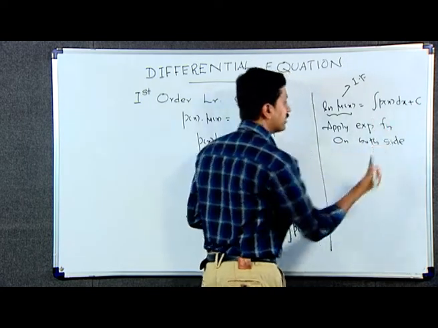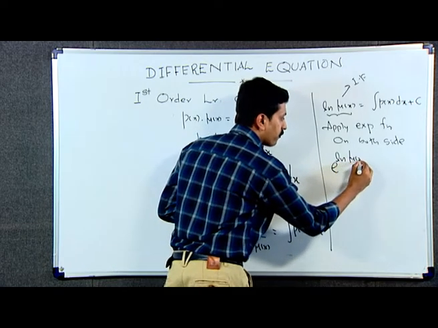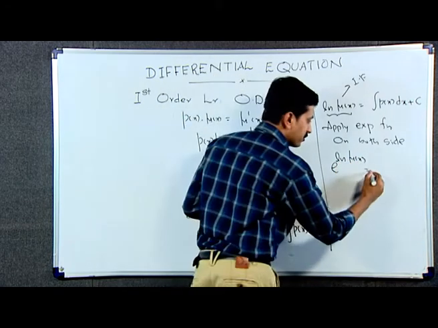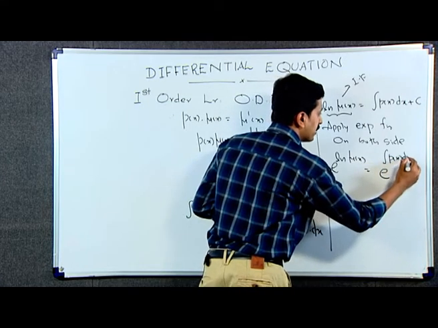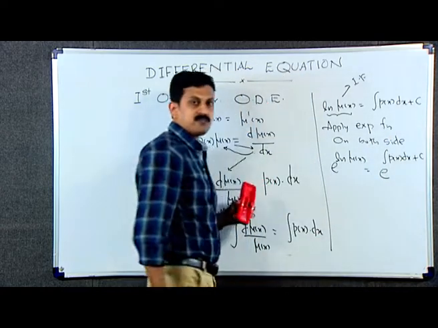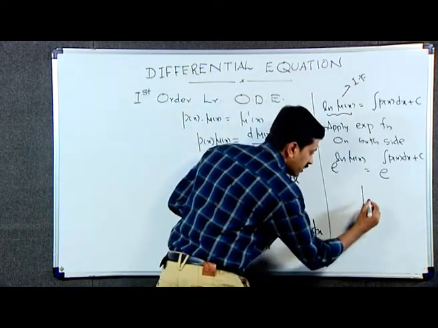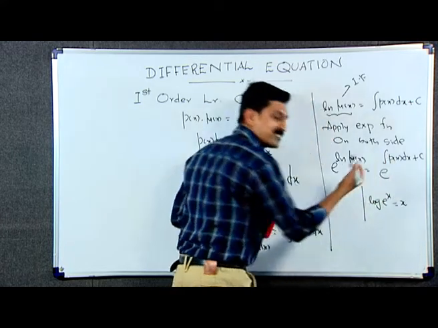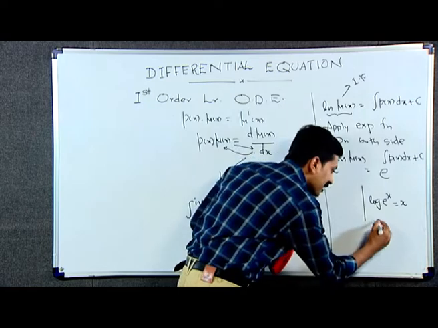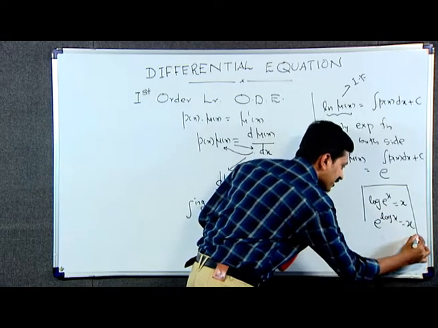What will happen? e raised to logarithm of mu of x is equal to e raised to integral of p of x dx plus c. We know the formula that e raised to log x is equal to x.